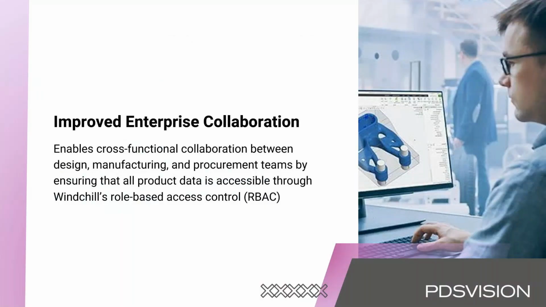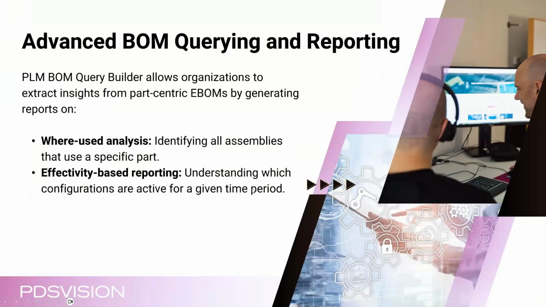So, improved enterprise collaboration. A part-centric EBOM structure in Windchill will enable cross-functional collaboration between design, manufacturing, and procurement teams by ensuring that all product data is accessible through Windchill's role-based access control, RBAC. We have advanced BOM querying and reporting.